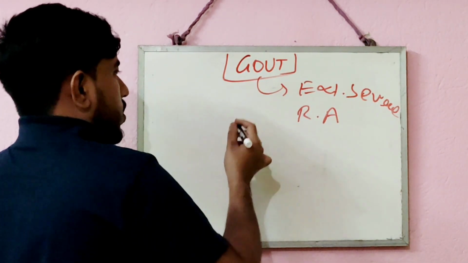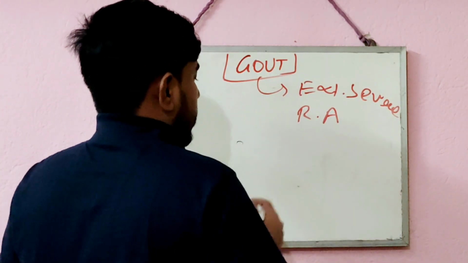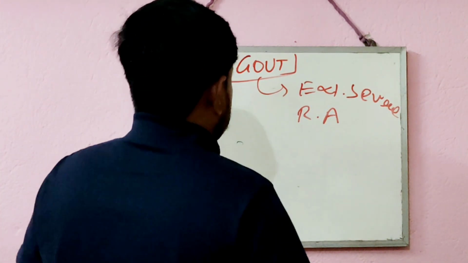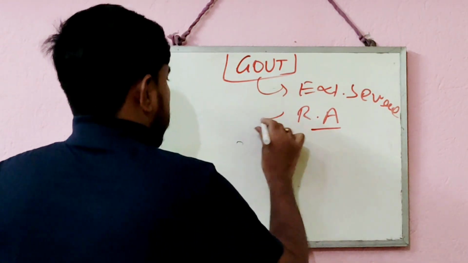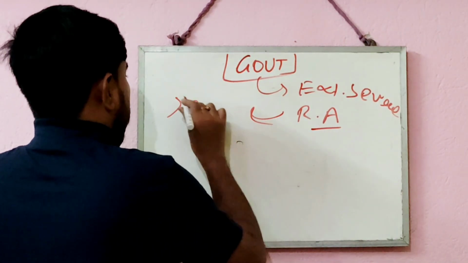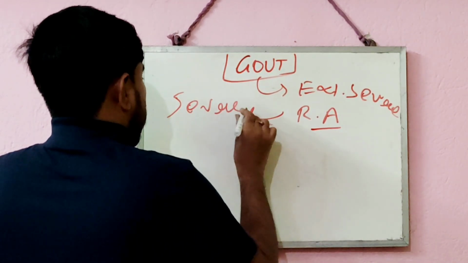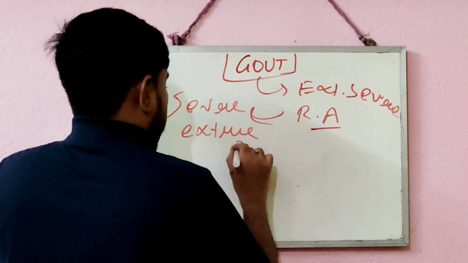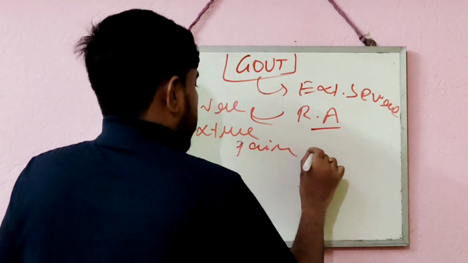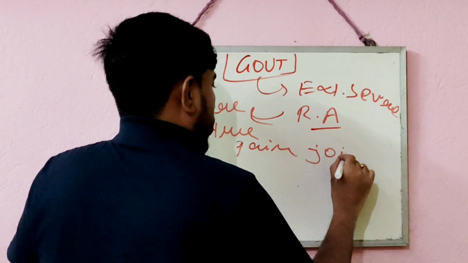So why is it called GOUT, and why is it not called rheumatoid arthritis? GOUT is when rheumatoid arthritis goes into a severe or extreme attack, with severe or extreme pain in joints. That is called GOUT.